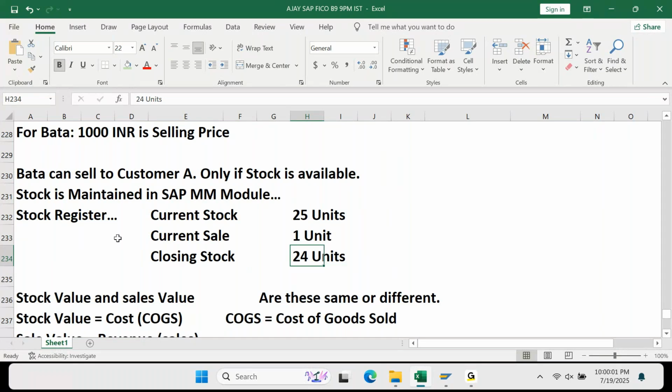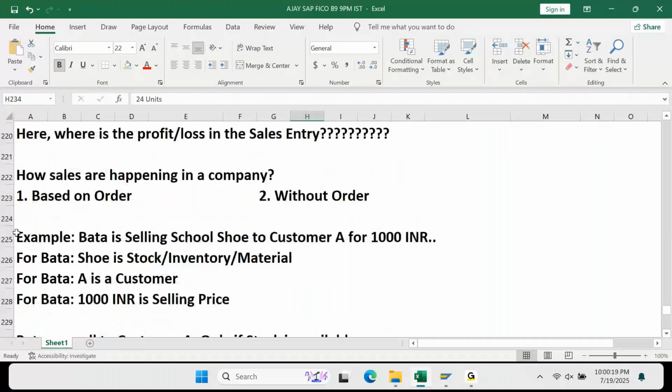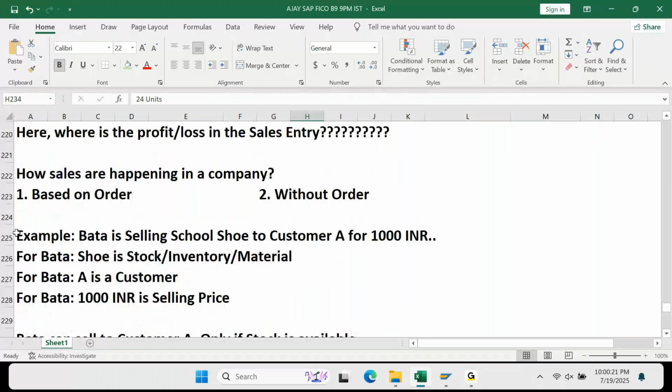Now here everything must be tracked, or not? For you to do all this tracking, you need an order number. That is where you are calling it based on order. If you are selling, what order is this called?